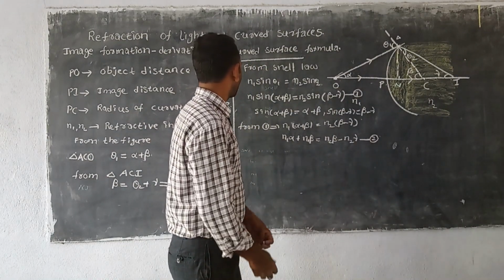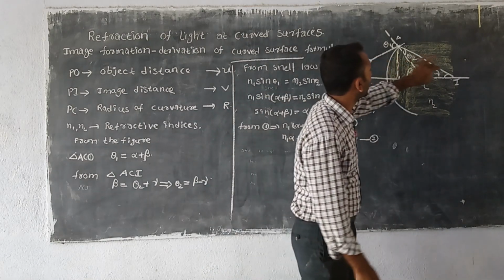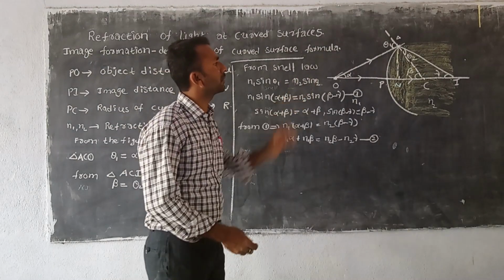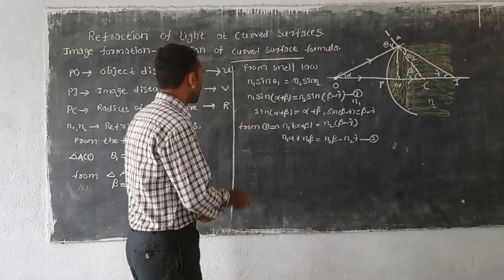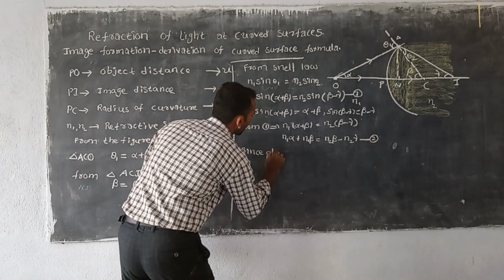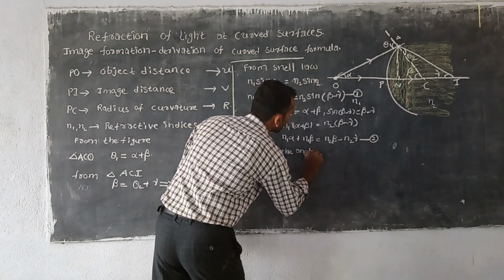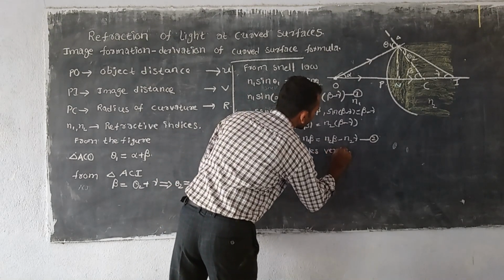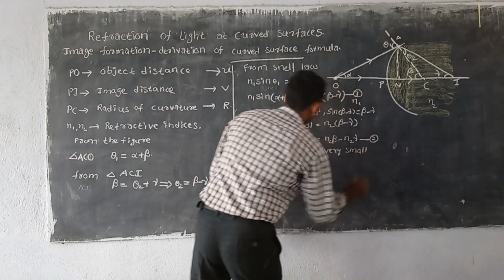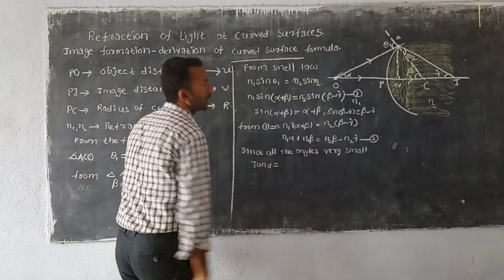And from the figure, since all the angles alpha, beta, gamma, theta 1 and theta 2 are very small, we can write the tan values.